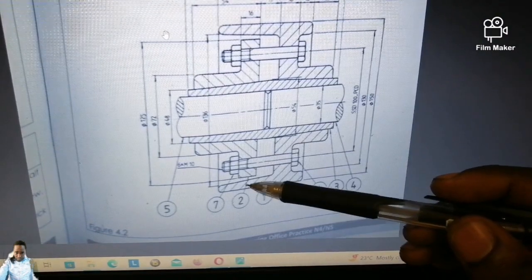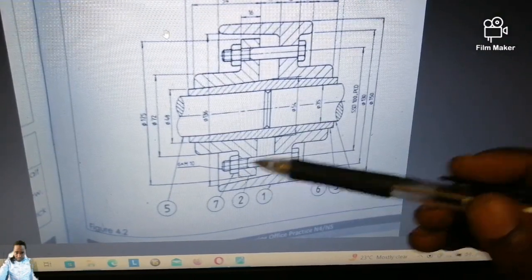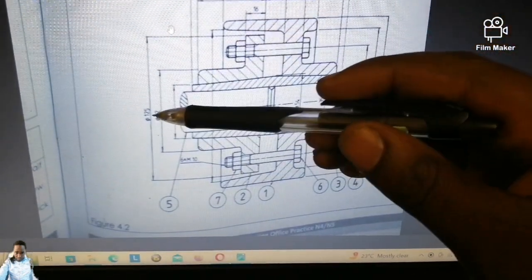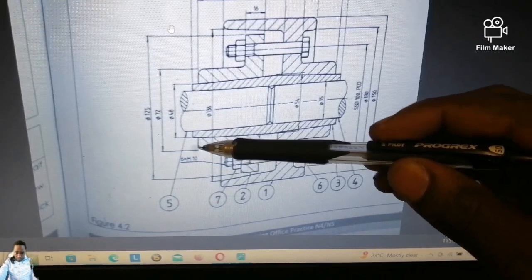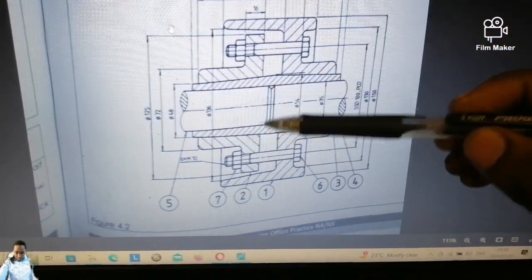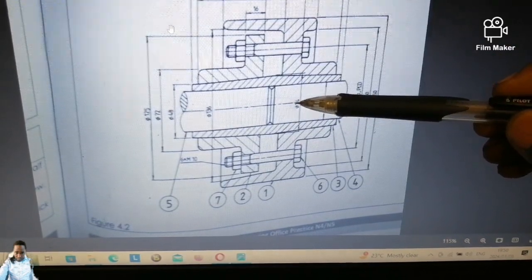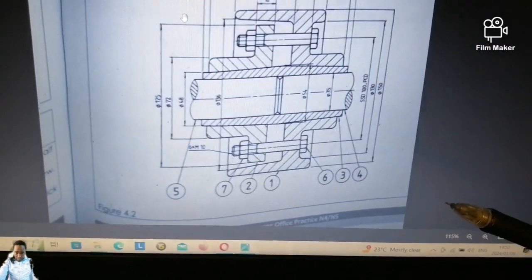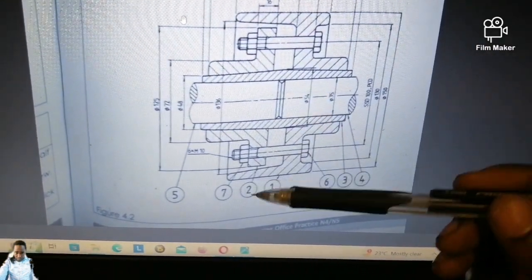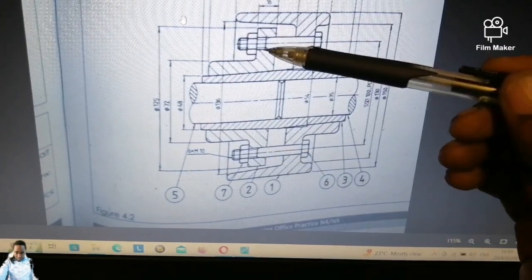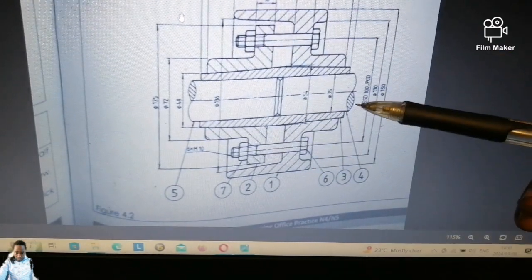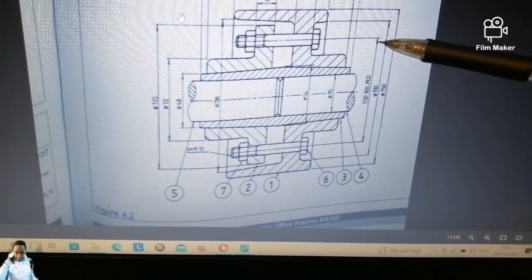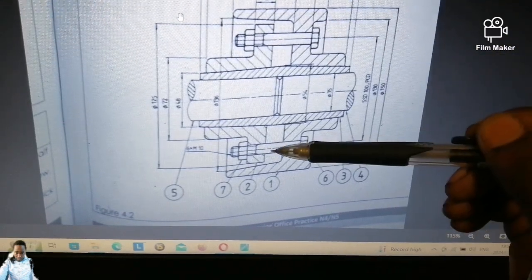So let's see what is left. This is item 2, so we've been through this one from here till here, which is diameter 125. Then diameter 75, followed by this one diameter 54, followed by this one from here till here, diameter 48. This item 2 of ours has holes as well, so we have to get the PCD, the pitch circle diameter of it, which is 100, so that you get the center, you understand.